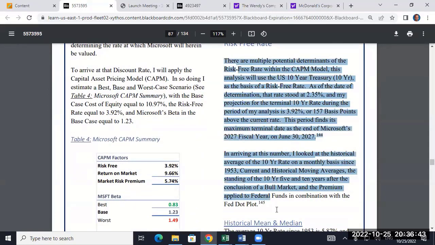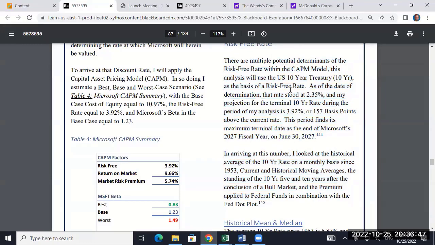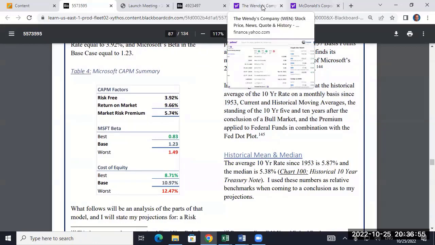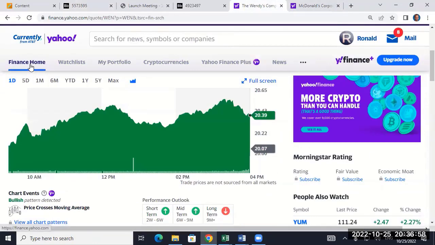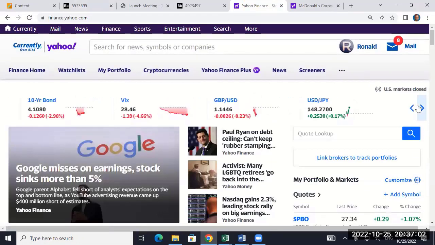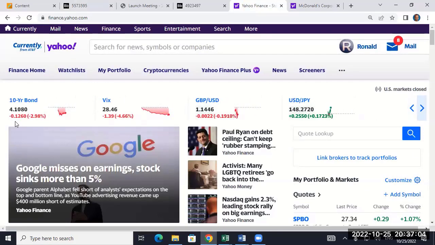Now he talked a lot more about the risk-free rate than you probably will need to, but that's because the risk-free rate was at 2.35 back then. You're up to over 4 now. Tomorrow's probably going to be back above 4 again. I mean, back higher. Today was an incredible rally for bonds. I don't know if y'all noticed that. Pretty crazy. Down 13 bips. That's like a 2 standard deviation event.